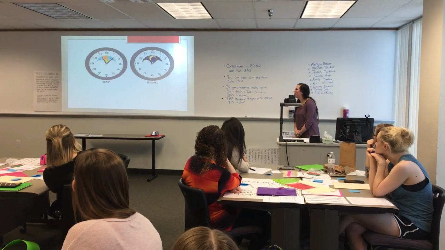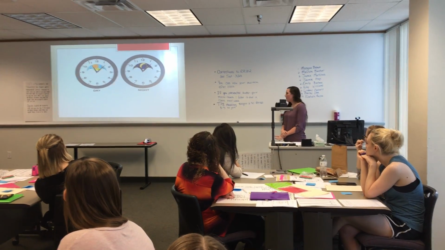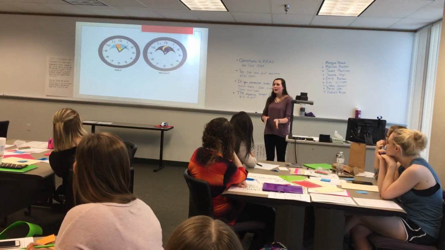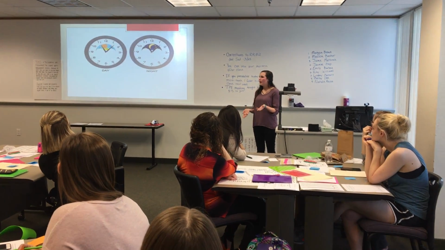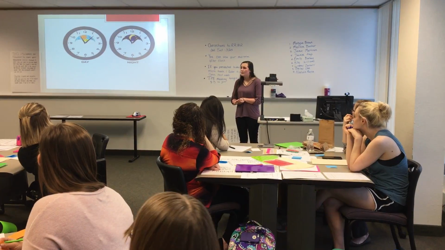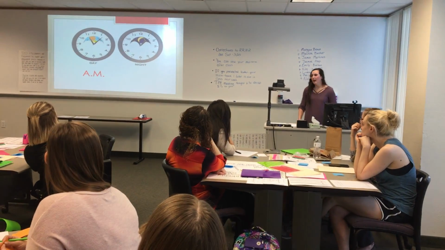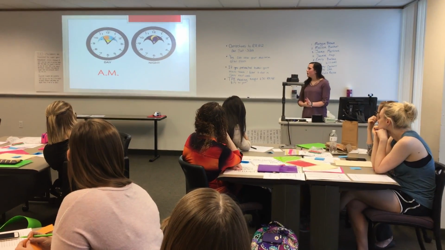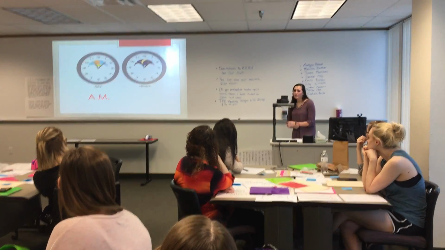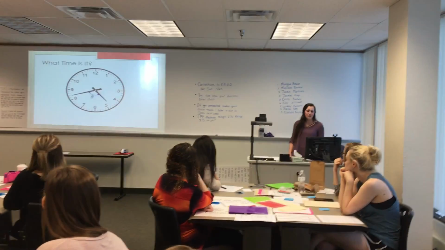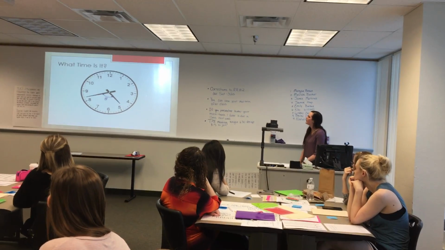Okay, so whenever we write down the time for everybody, how would we tell them that it's in the morning, it's between midnight and noon? How would they know? What do we write after the time to let them know that? AM. Exactly. And what would we write if it's after noon but it's before midnight? PM. Exactly.